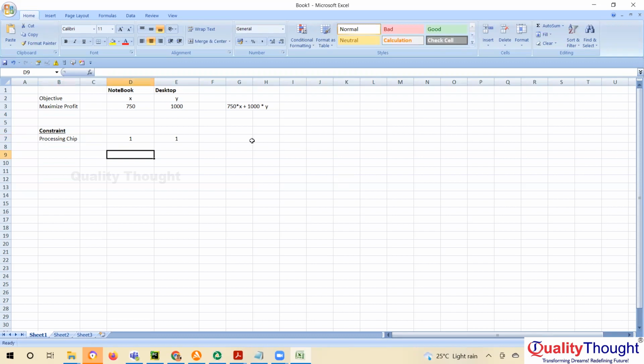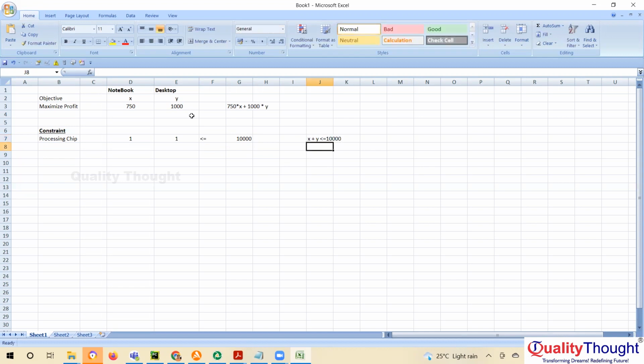The total chips that you use can be less than or equal to that. So X plus Y has to be less than or equal to 10,000.